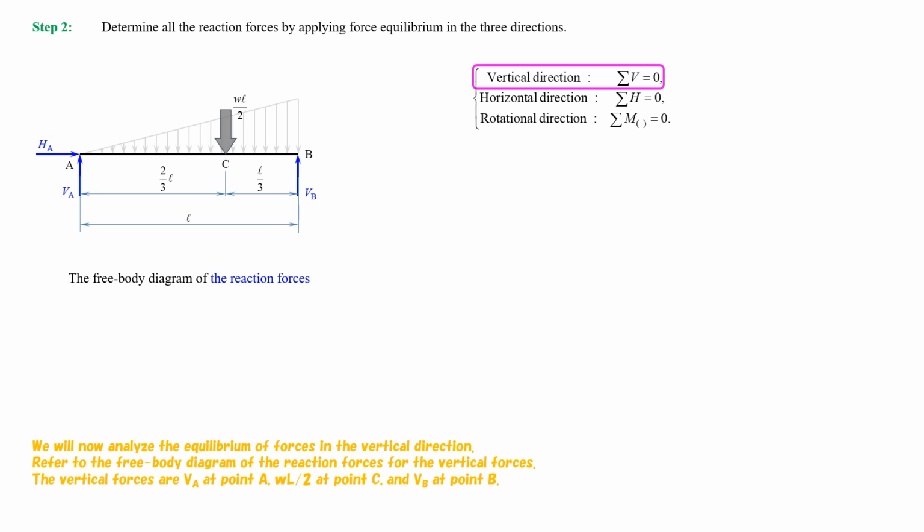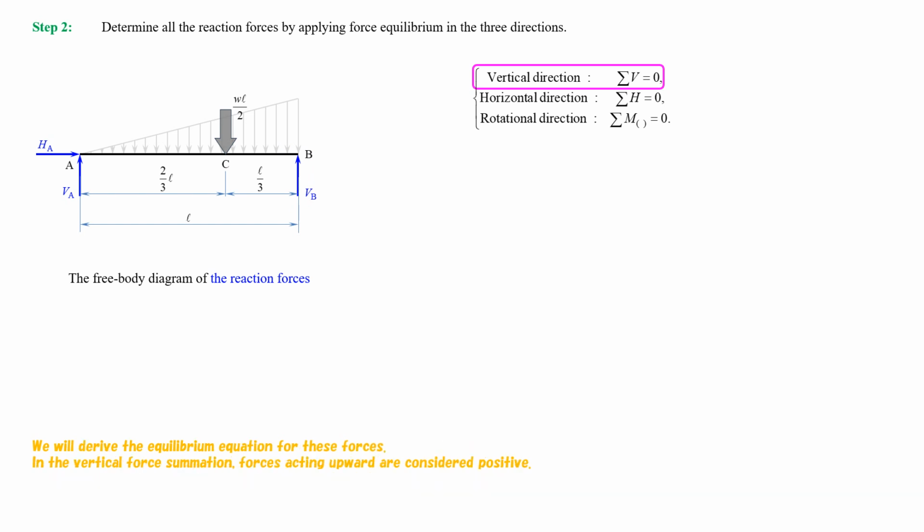The vertical forces are VA at point A, W multiplied by L and divided by 2 at point C, and VB at point B. We will derive the equilibrium equation for these forces.